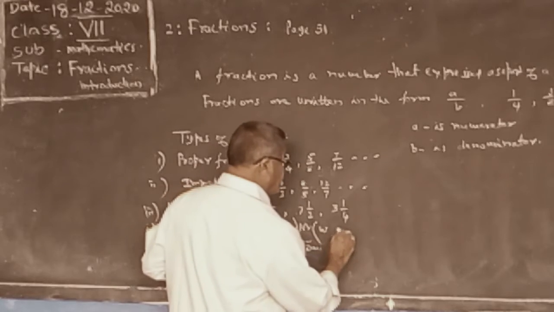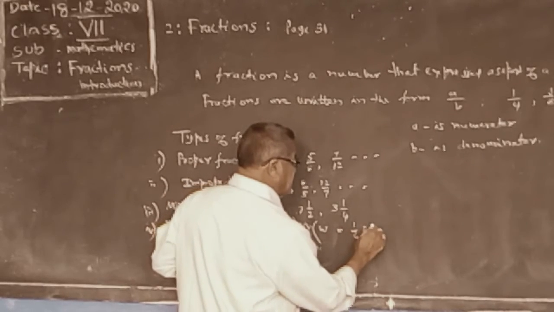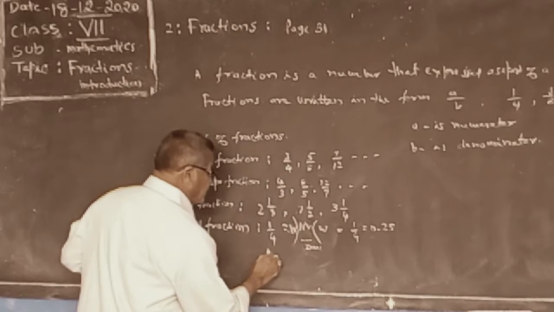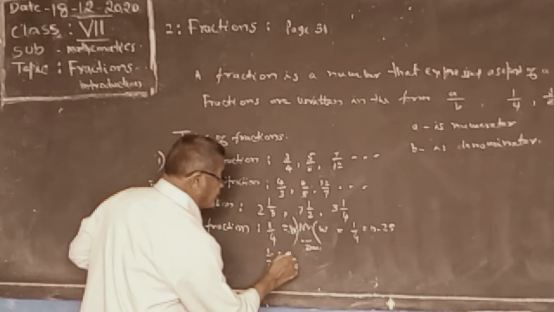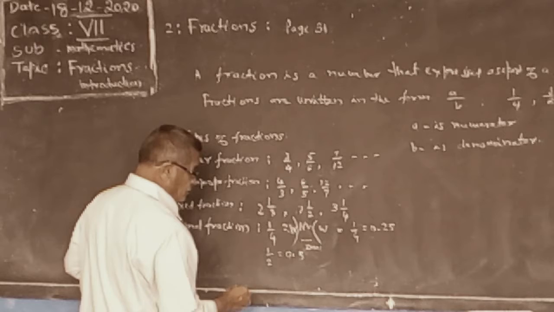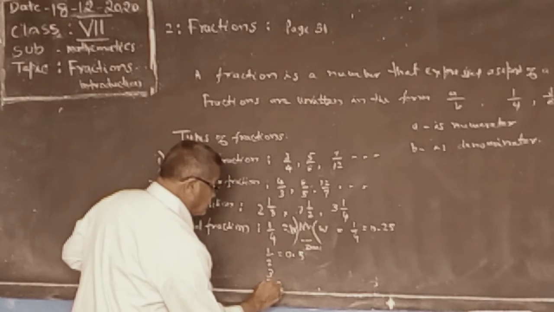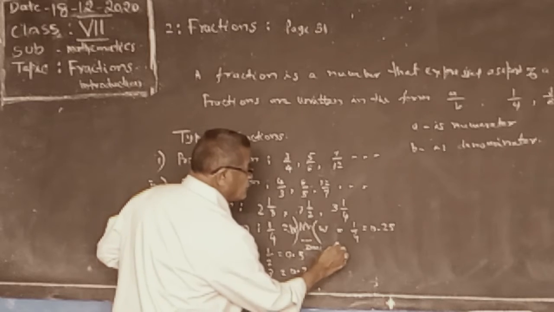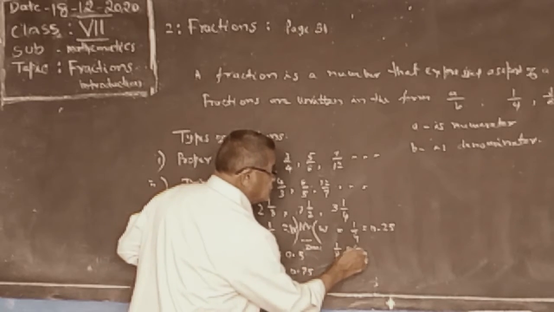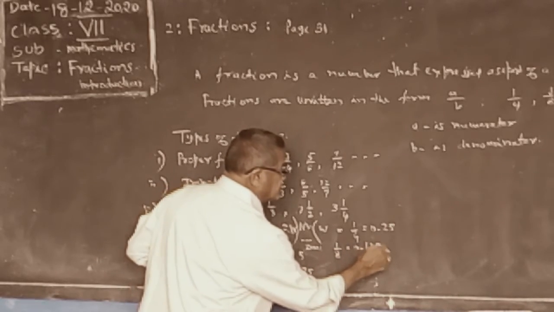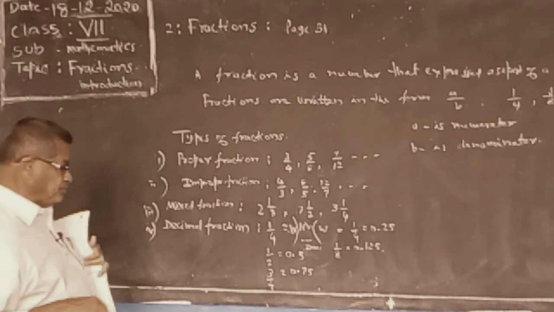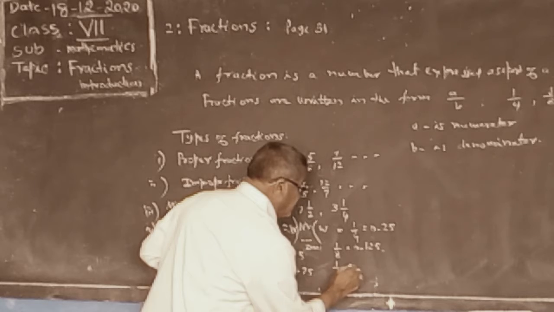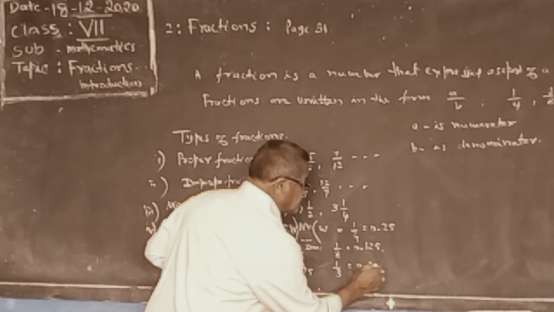Like this, 1 by 4 will be expressed as 0.25, and 1 by 2 is equal to 0.5, and 3 by 4 is 0.75, and 1 by 8 is 0.125. Then 1 by 3 is recurring. In 1 by 3 we are not getting a remainder of 0.